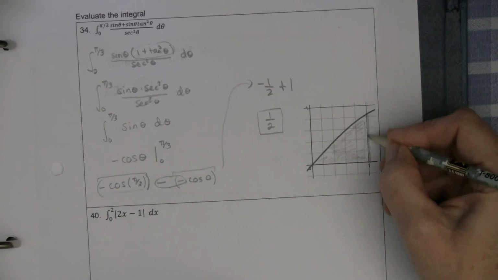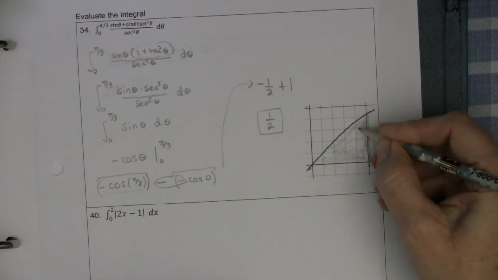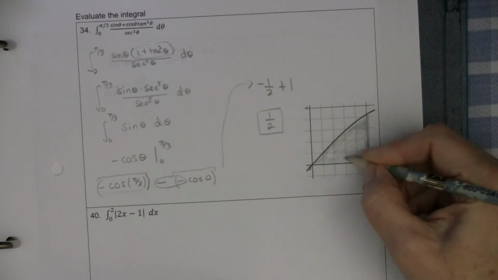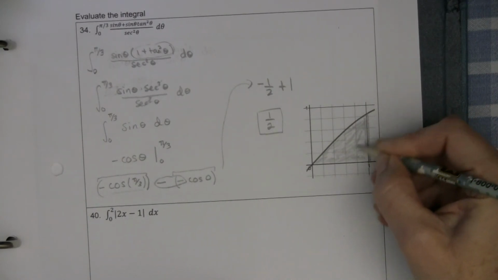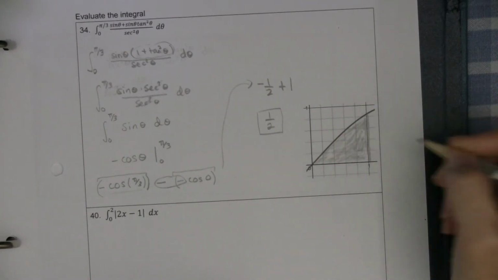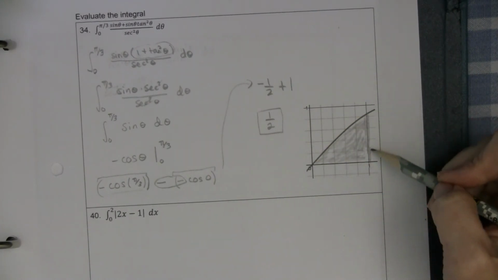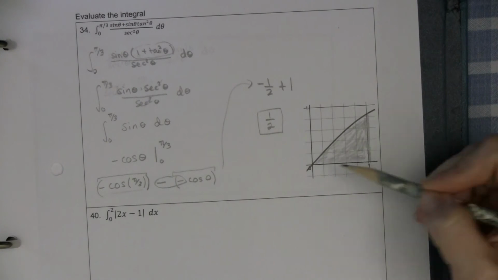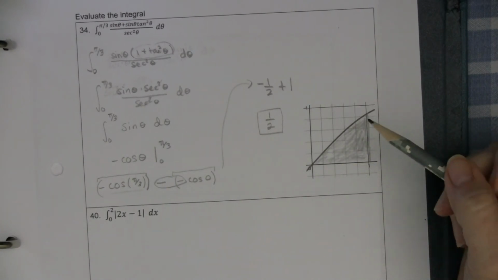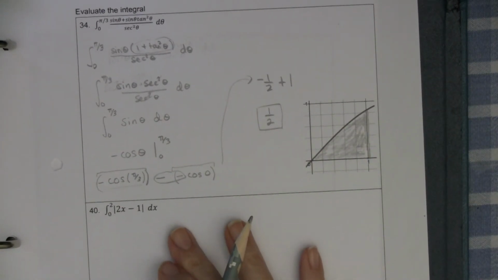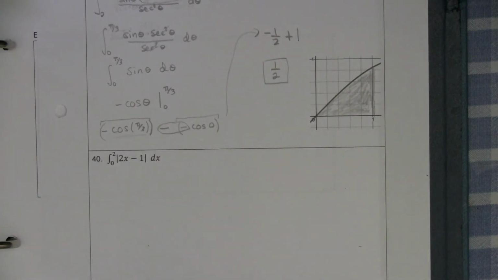Just that much, because pi is about 3. And so that's that area, and I'm saying it's about half. And if you look at the square I got there, that's a 1 by 1 square. Hey, it's pretty close.